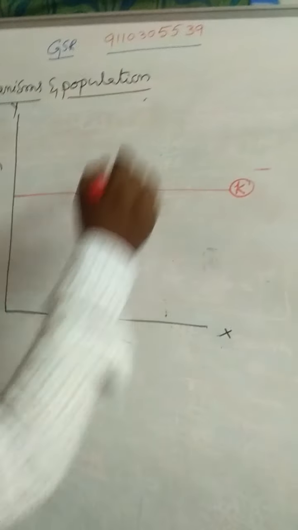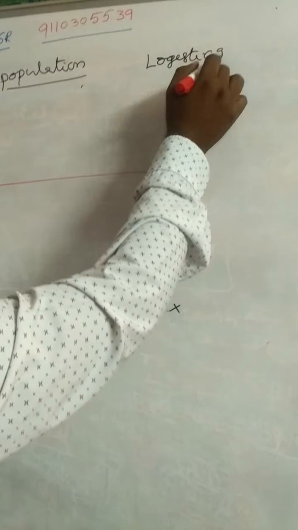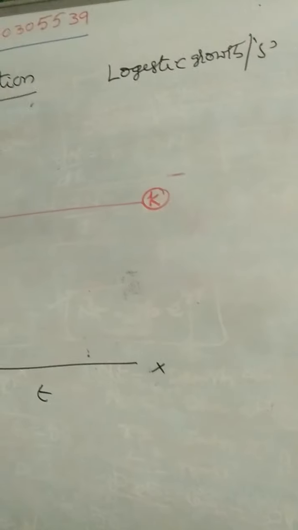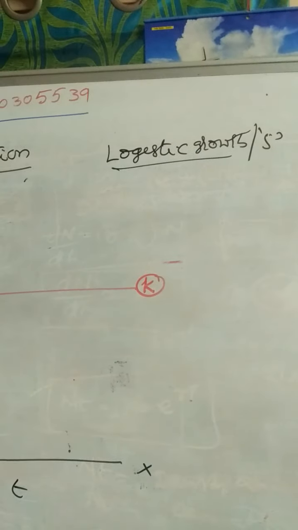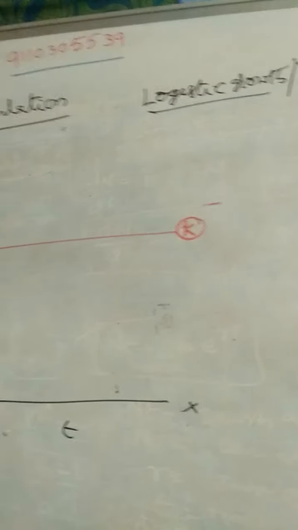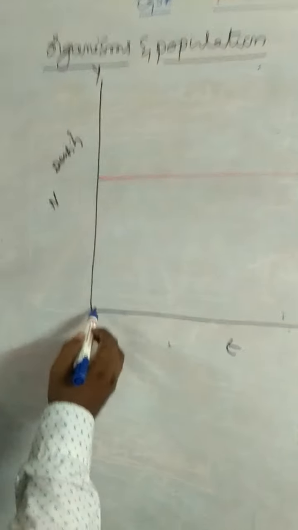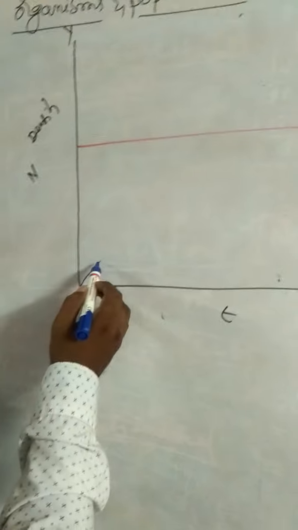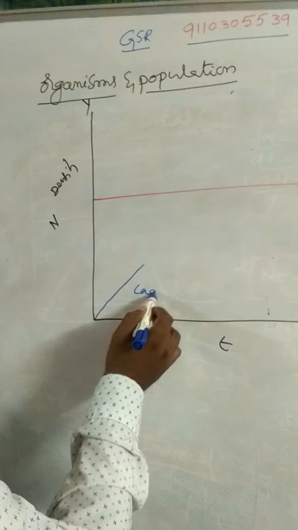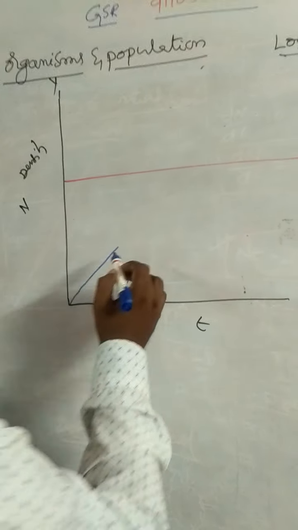In logistic growth or S-shaped growth curve, sigmoid growth, population density increases gradually. The first initial stage is called lag phase.